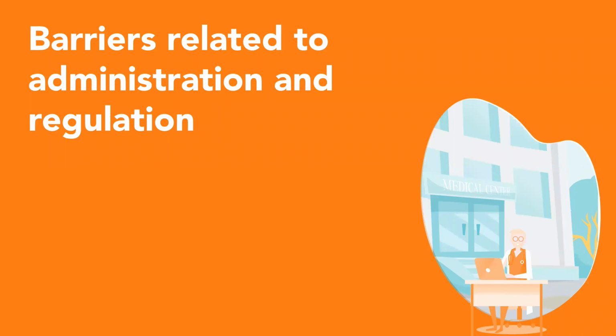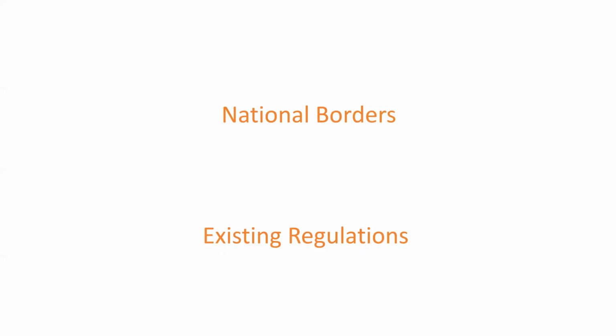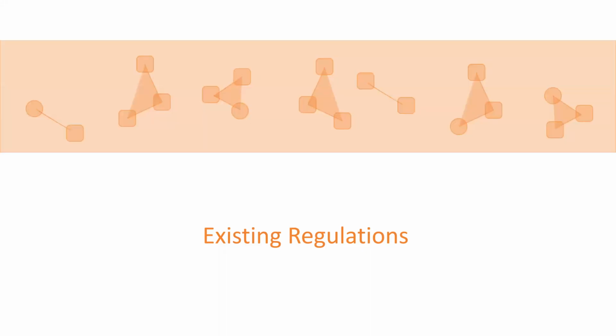Administrative and regulatory barriers occur with the highest frequency. These can be due to national borders. By that, I mean the borders of neighbouring territories can act as barriers to the integration of care due to differences in healthcare systems and languages, as well as past historical development. They can also be due to regulations.